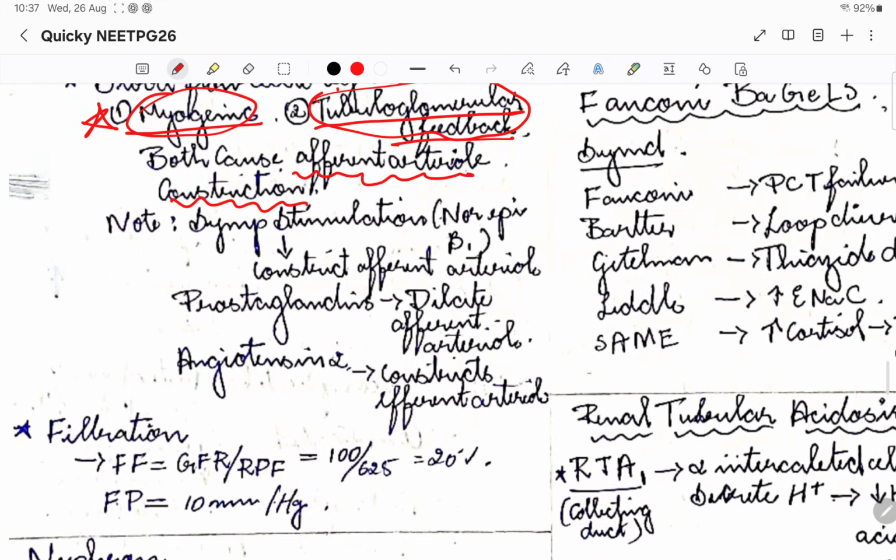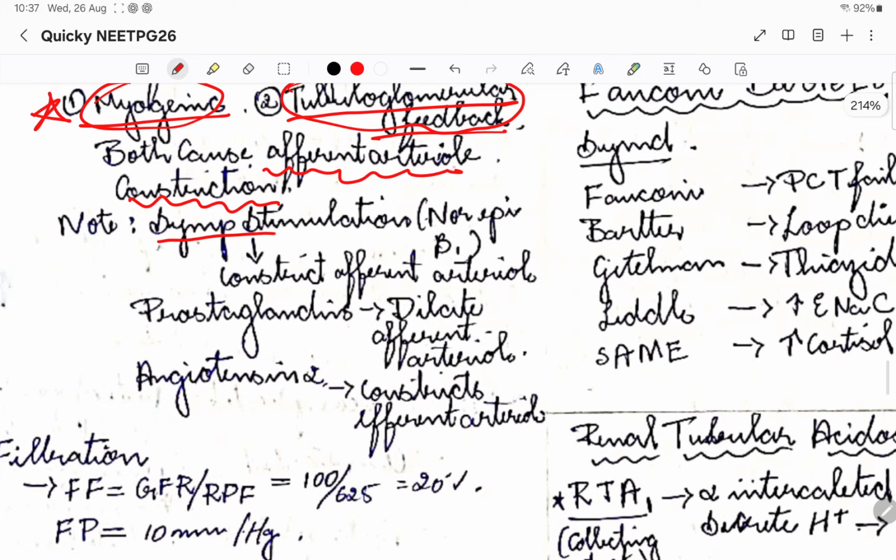Please note that sympathetic stimulation, that is norepinephrine and beta 1, constricts the afferent arteriole. So sympathetic basically constricts.